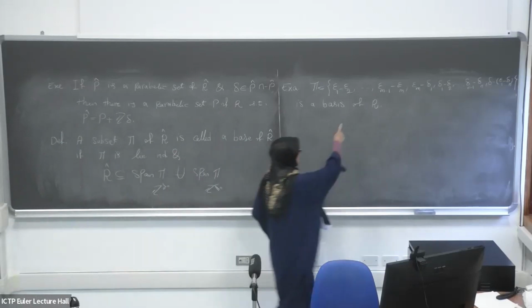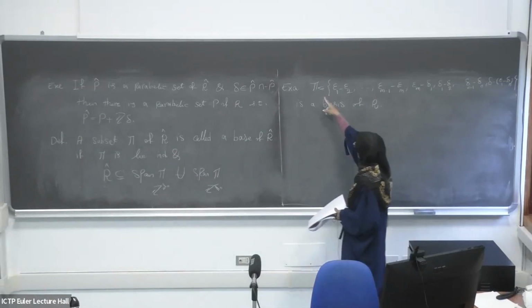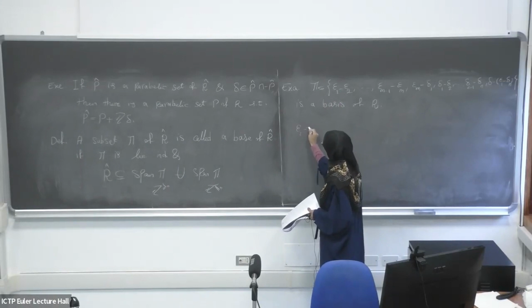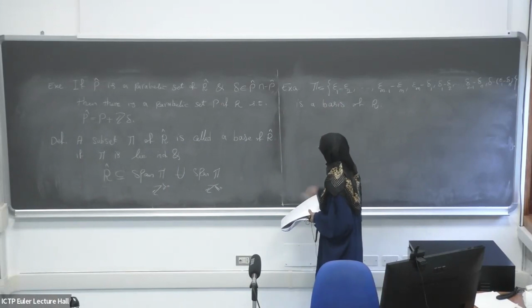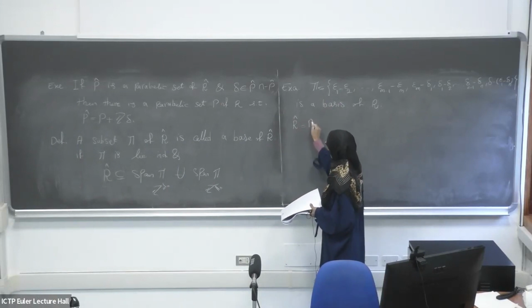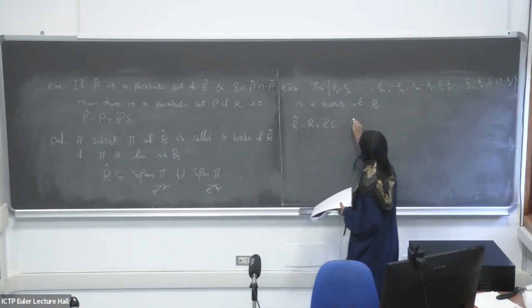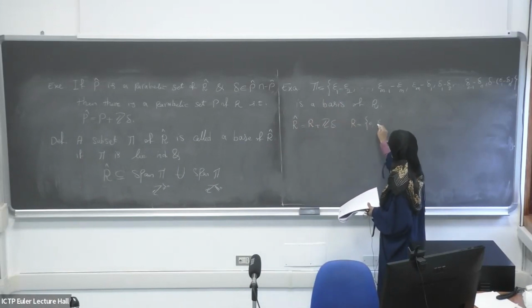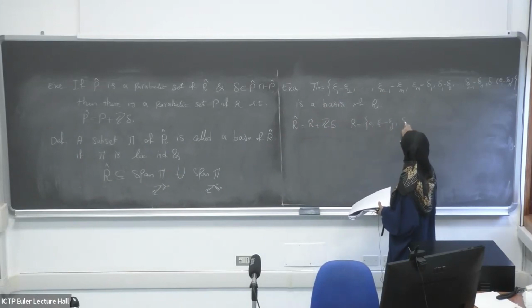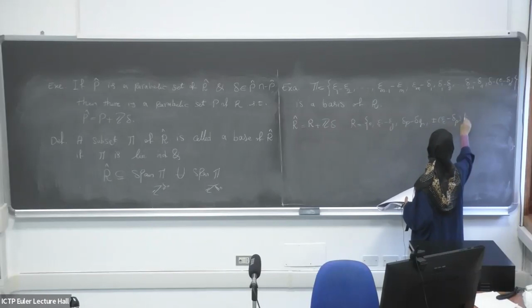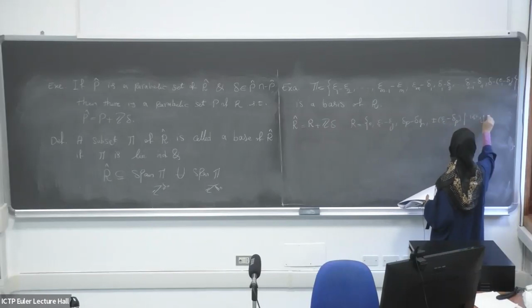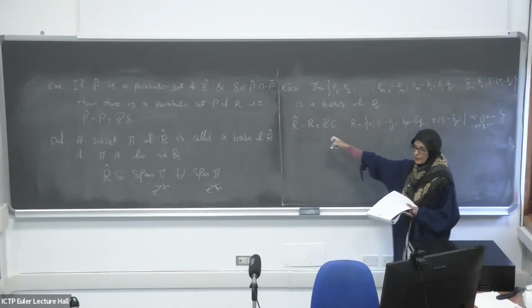Let's look at one of these. Suppose, for example, I write epsilon i minus epsilon j. Let me first write what R hat was. R hat was R plus 3 delta. And what was R? R was 0, epsilon i minus epsilon j, delta p minus delta q, and plus-minus epsilon i minus delta q. Right? It is our R hat.